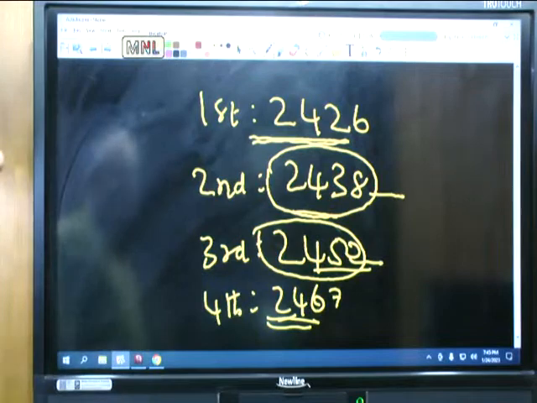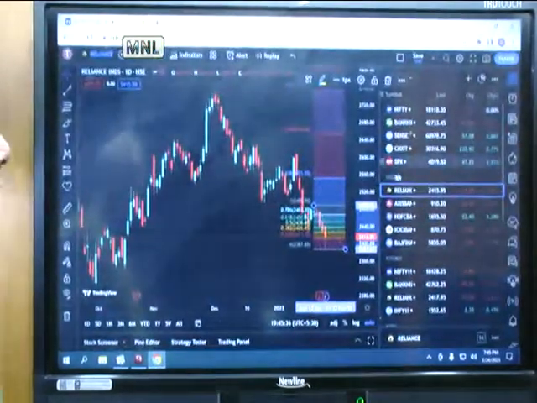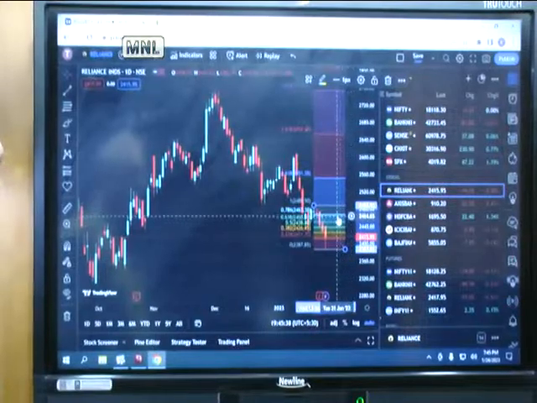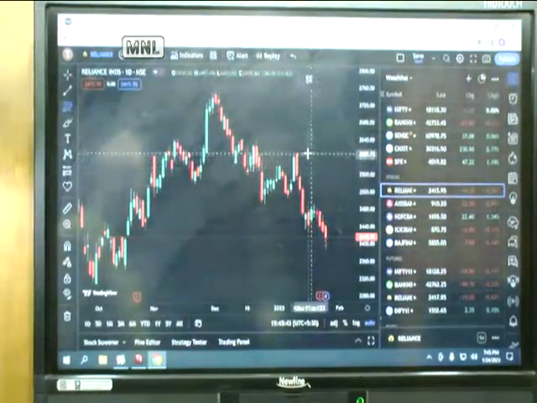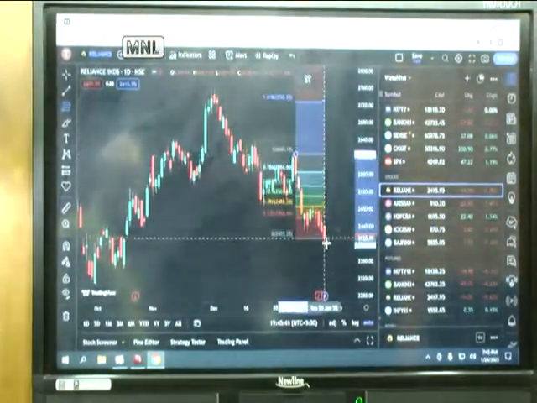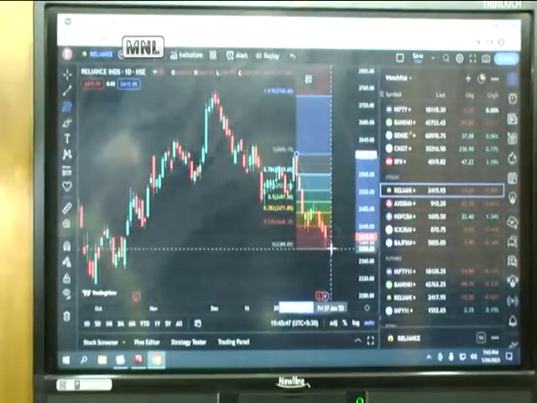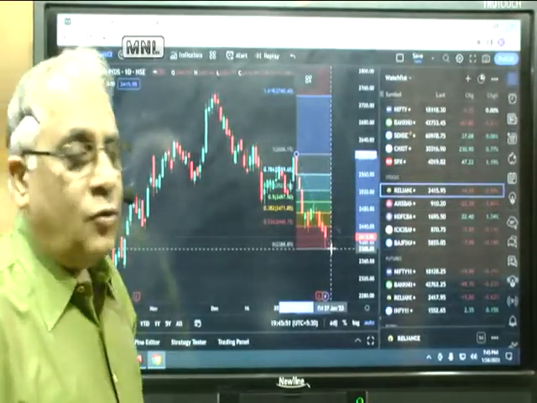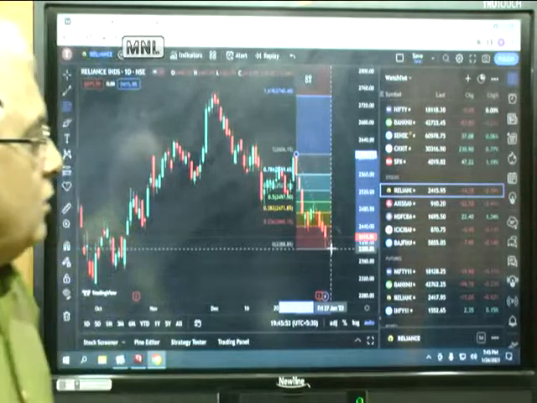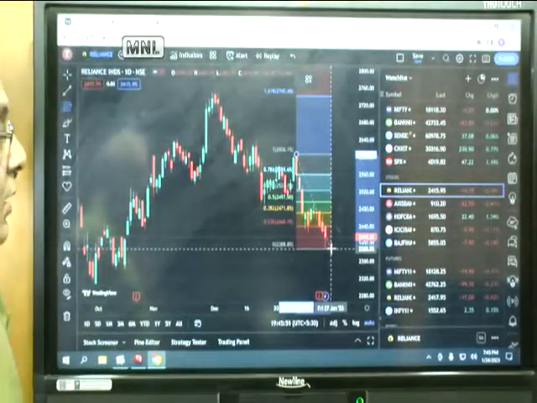Why this 2438 is also important is that if you look at the Fibonacci cluster, we draw the Fibonacci from this place. You can see 2440 is at 23.6%. So that's why I'm saying 2438 could be a very important place of resistance.